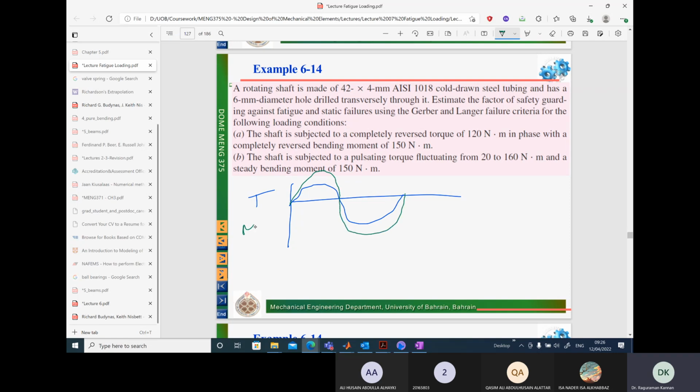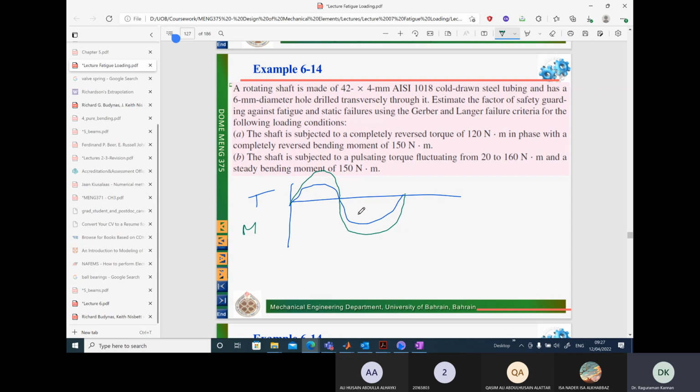This is the bending moment. So this is in phase. When torque reaches maximum, bending moment reaches maximum. If they are out of phase, the situation will become a little bit complicated. We are not going to solve those kinds of problems here.